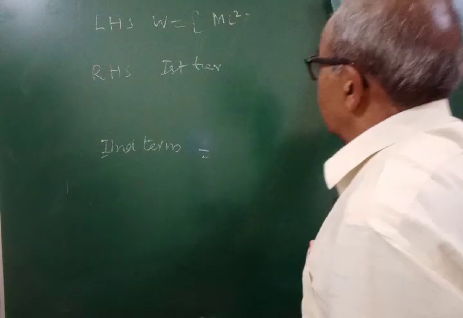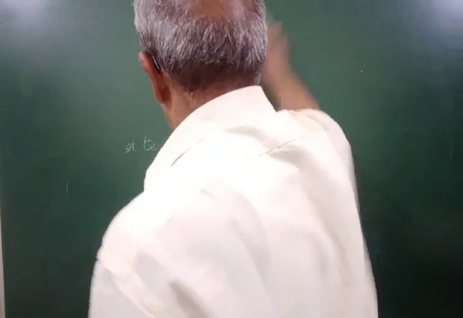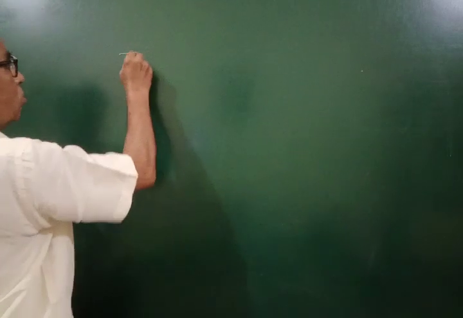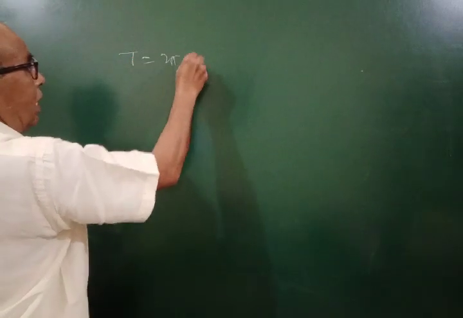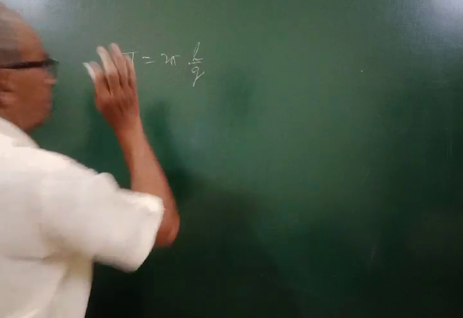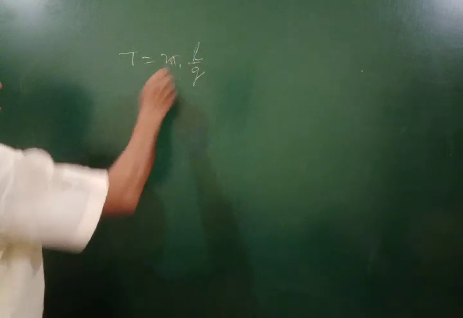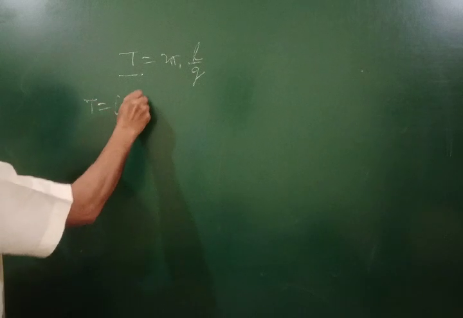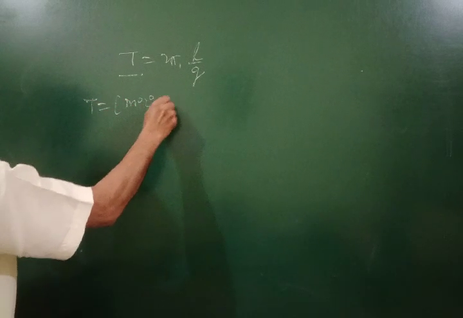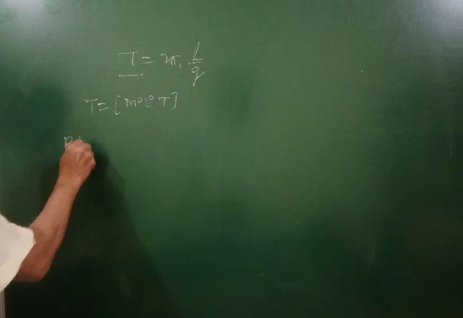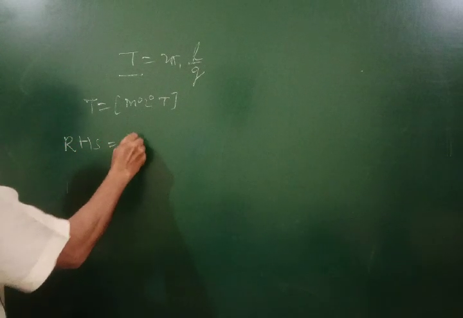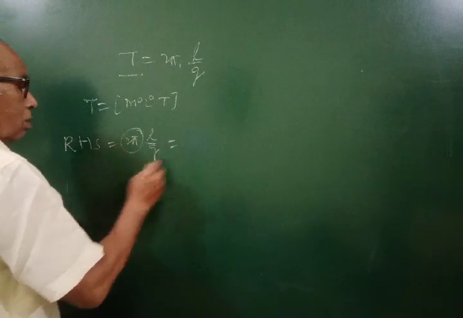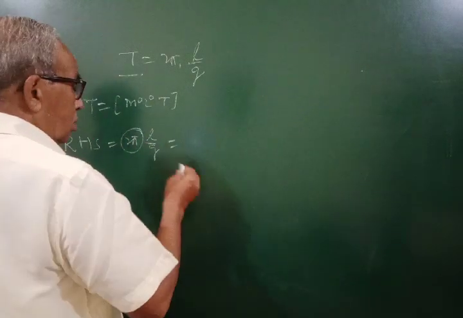Now the other way: suppose you are given a formula T equal to 2 pi L upon g. Now you have to check correctness. So the dimension of T is M^0 L^0 T. On the right hand side, it is 2 pi L upon g. 2 pi is a number, dimension zero.